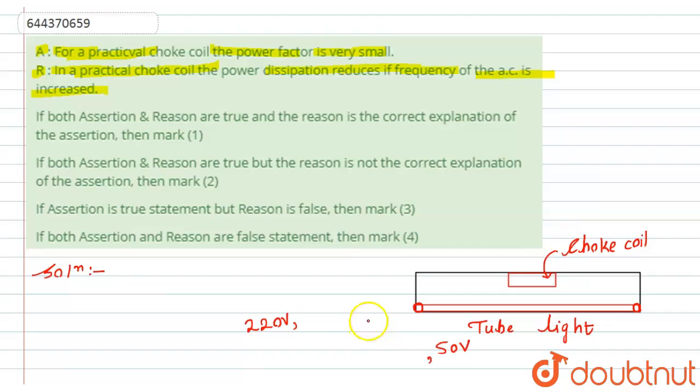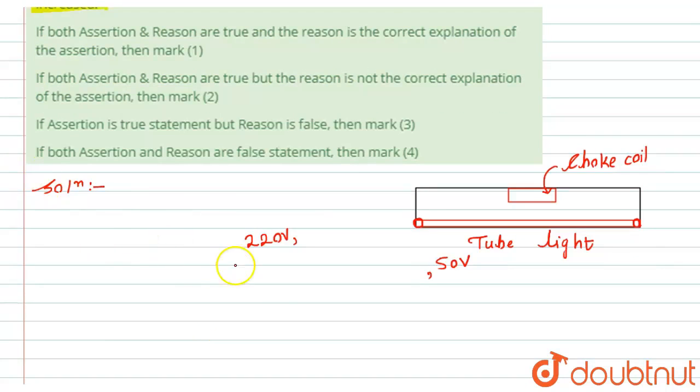Why? Let's take an LR circuit, with an R, an L, and an AC source supplied across it.